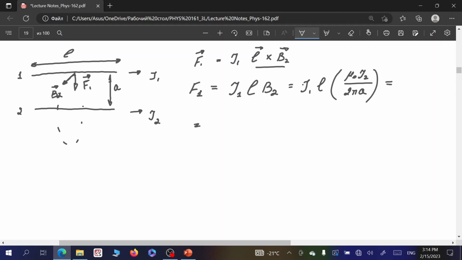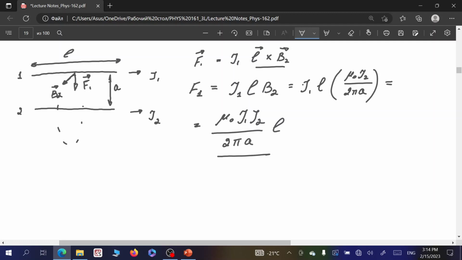Then we end up with the following: mu naught I1 times I2 divided by 2 pi A and times L. So that is the magnitude of the attractive magnetic force.